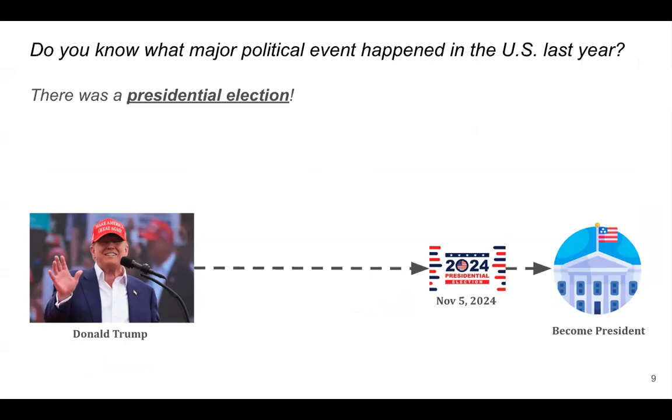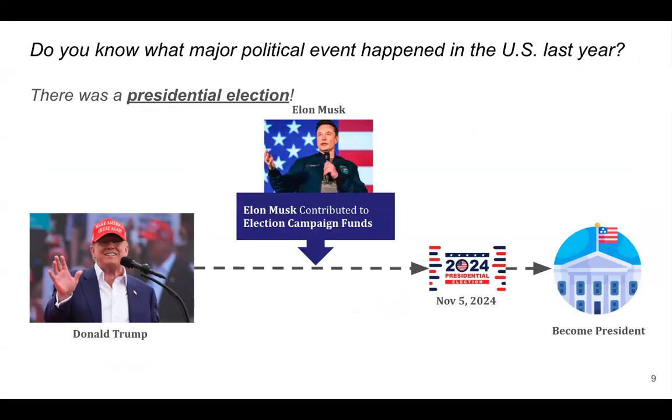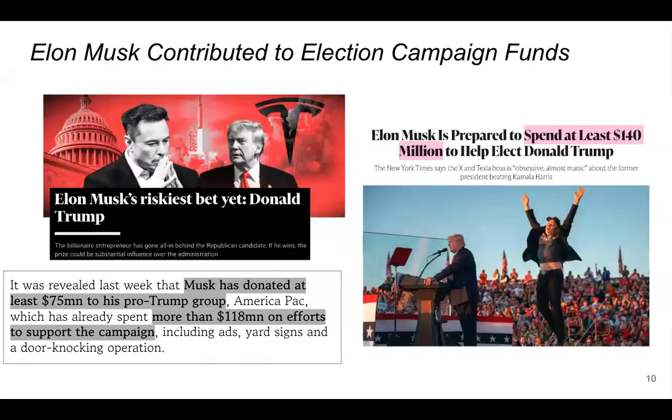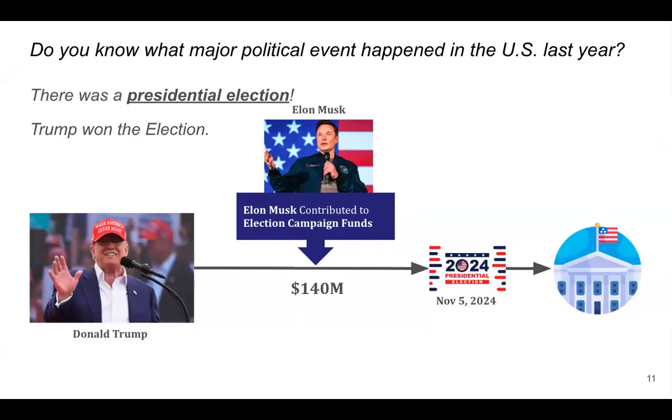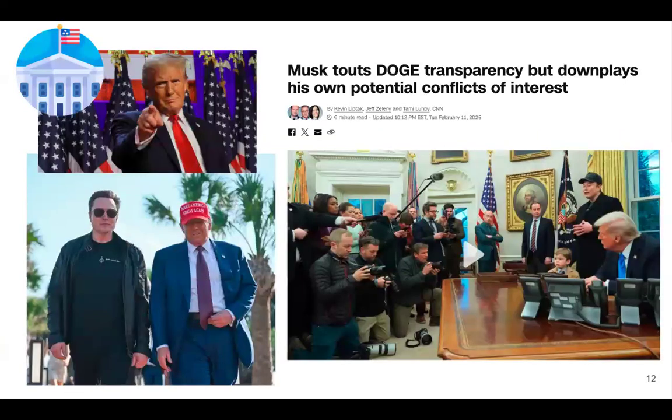So lobbying is important in the US, and I actually live in Korea. In Korea, lobbying is not legal, but in the US, people actually do it legally. Here's one example: campaign donations are one important part of lobbying. Last year when Donald Trump won the presidential election, Elon Musk donated a lot of money, $140 million actually.